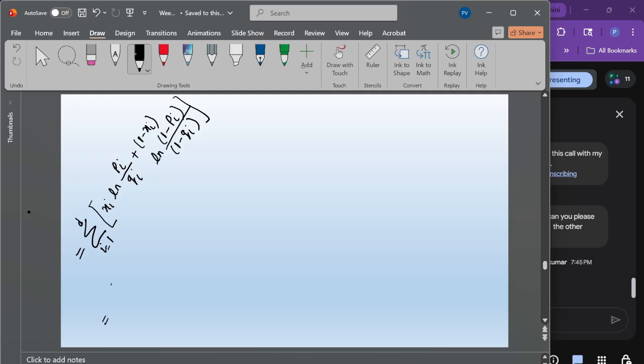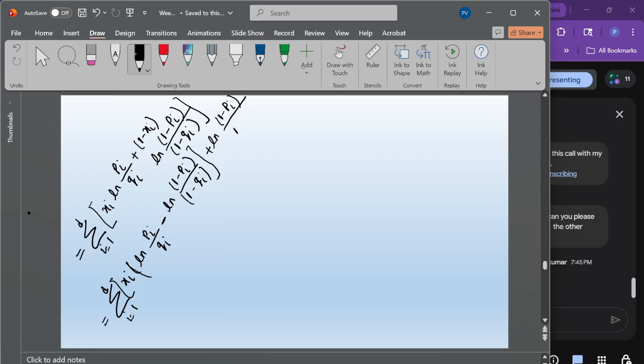Further we can solve it like this: summation over i equal to 1 to d of xi in the bracket times ln pi by qi, taking xi common, minus ln of 1 minus pi by 1 minus qi. We are taking xi common in one large bracket, plus ln 1 minus pi by 1 minus qi, the one term that is left.